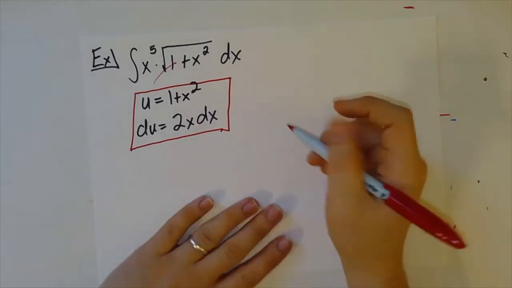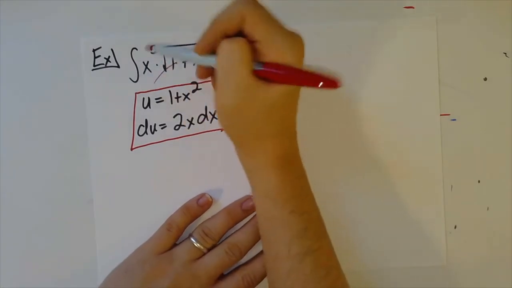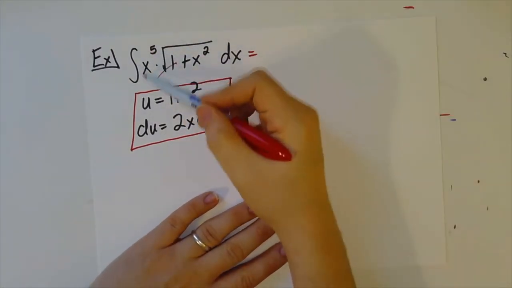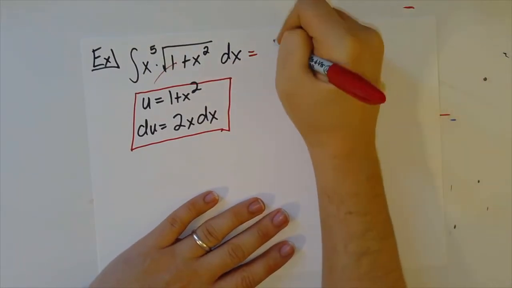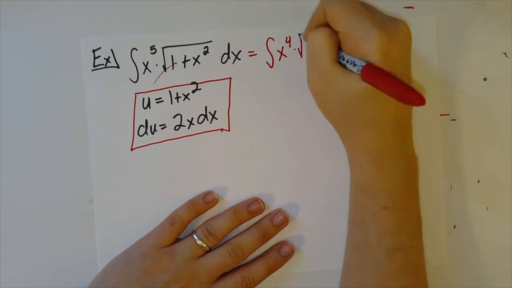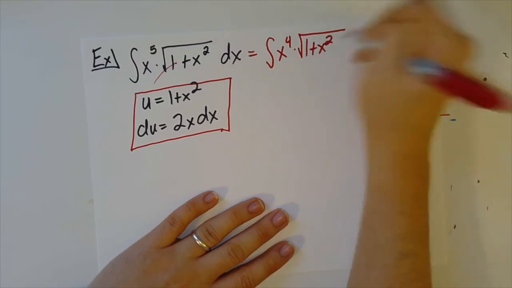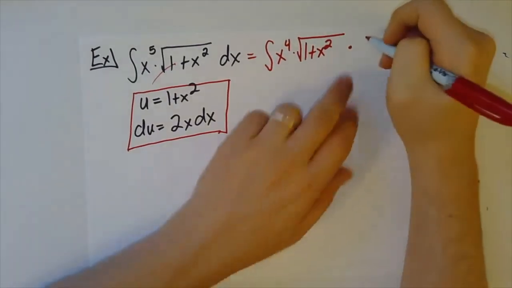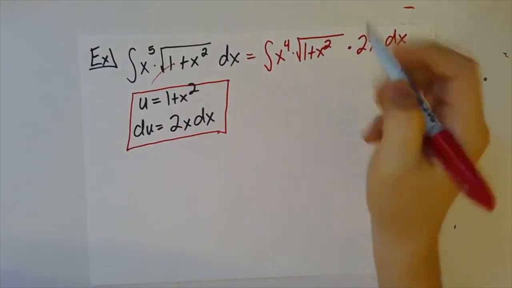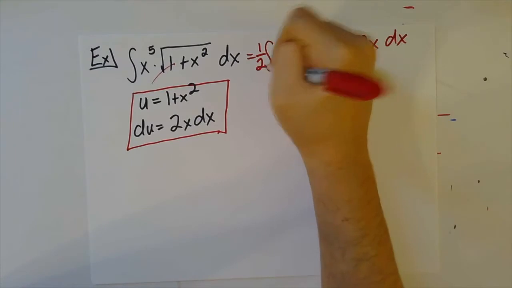But here's what I can do. This x to the fifth, that's actually 5 x's. So I'm just going to borrow one of the 5 x's. So I'm going to rewrite this as x to the fourth times the square root of 1 plus x squared times 2x dx with a 1/2 out front.